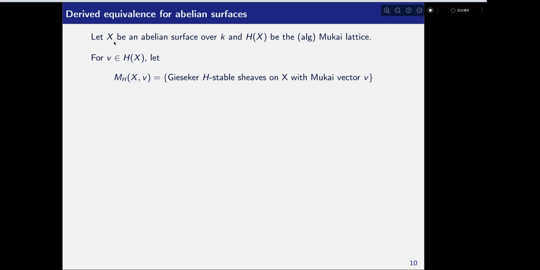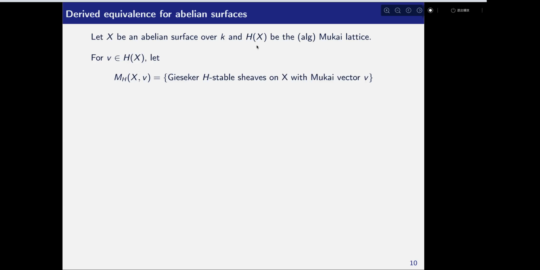So suppose X is an abelian surface over K, and we take H_X to be the Mukai lattice, and sometimes we denote it the algebraic Mukai lattice if K is not C. If K is the complex numbers, H_X will denote the Mukai lattice, which is over Z. If K is not the complex numbers, I also want a Z structure, so I will use H_X to denote the algebraic Mukai lattice.